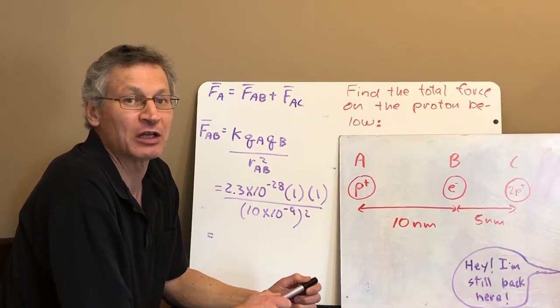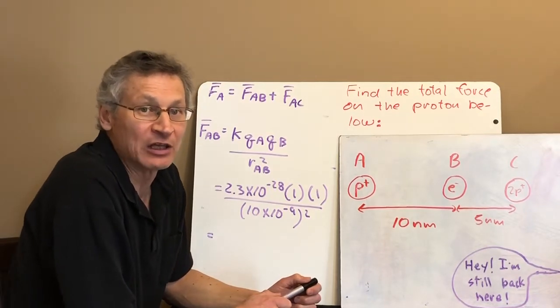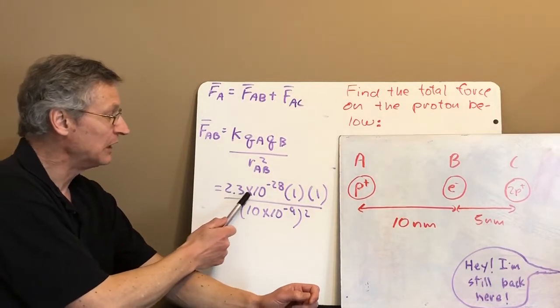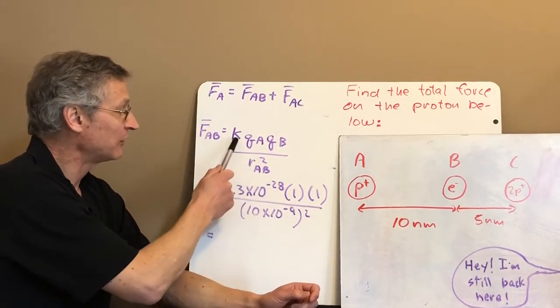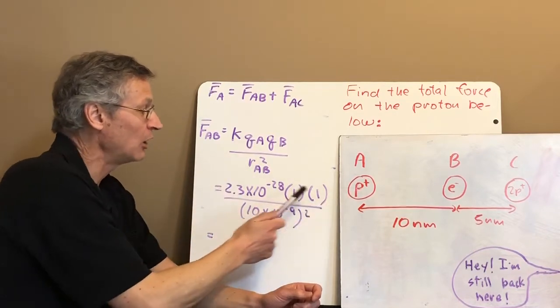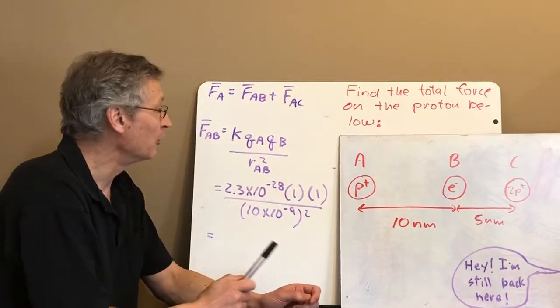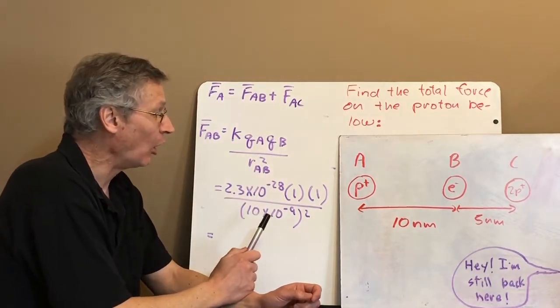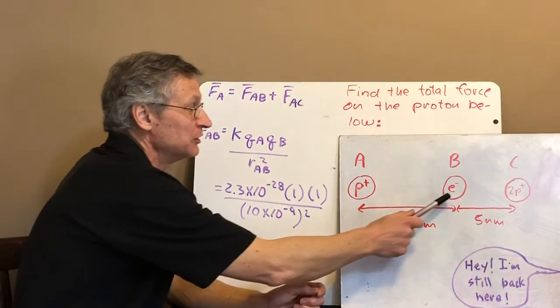That means I want to use the small value for K. There it is. 2.3 times 10 to the minus 28. That's my K value. The charge at A is a proton, which is one elementary charge. The charge at B, also one elementary charge, because it's an electron.